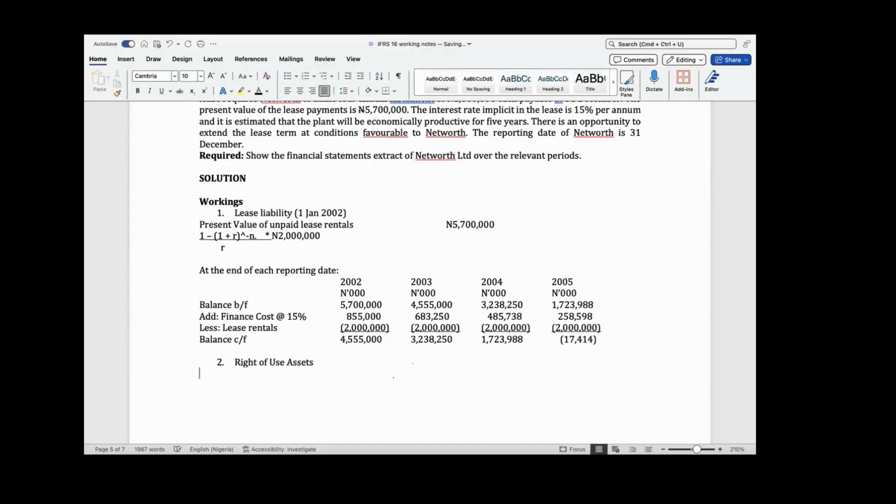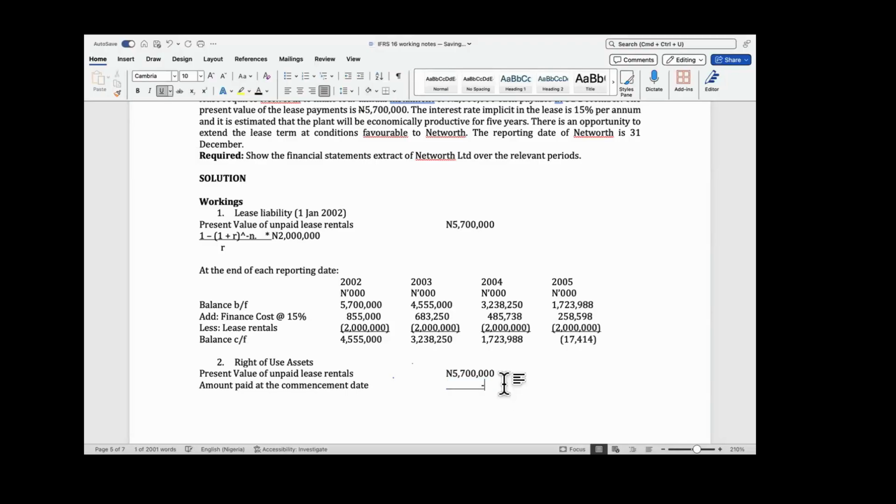The right of use asset is the same as the present value of unpaid lease rentals, just the way you measured the liability. If any amount was paid at commencement, you can add it, but here we have none of that.